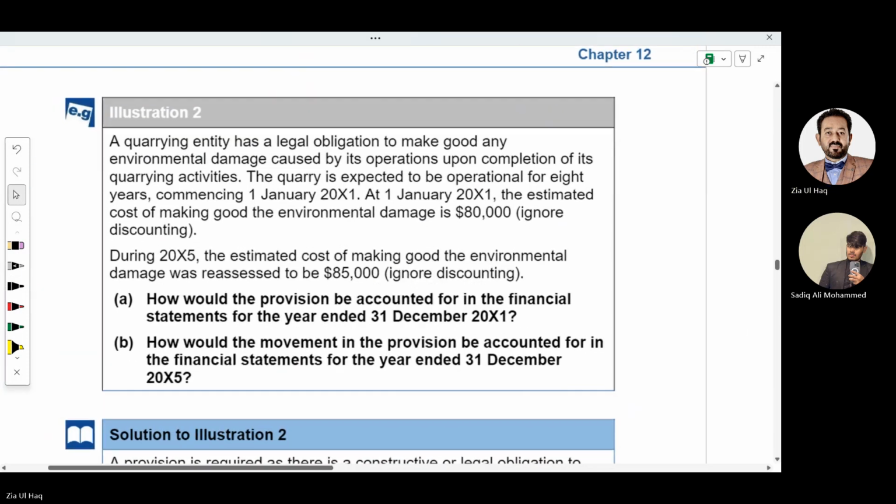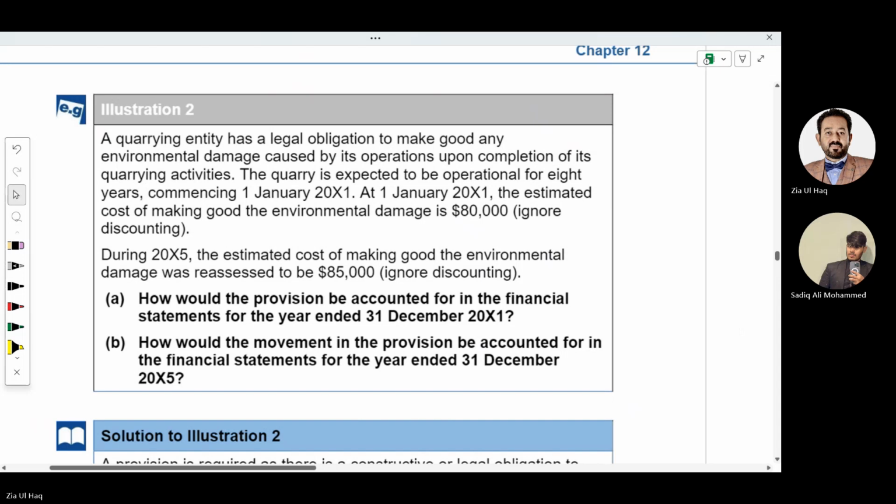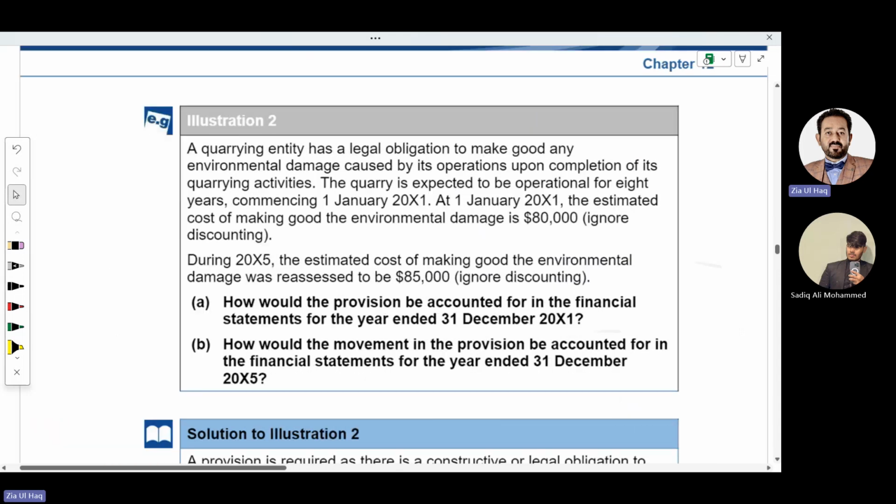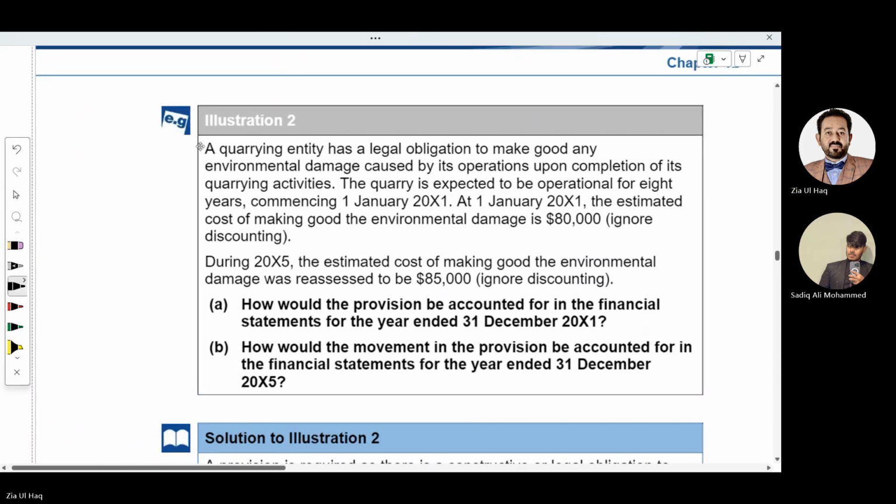Illustration 2. Curing entity. Curing means a company who have installed a machinery for mining. That company is called a curing company, who have installed a machinery for mining.